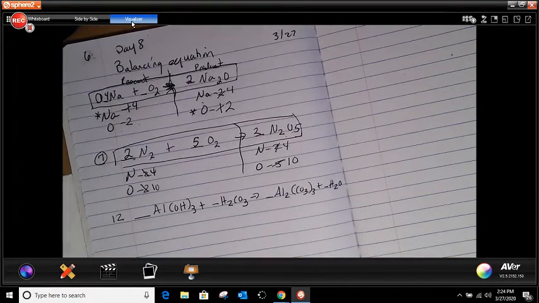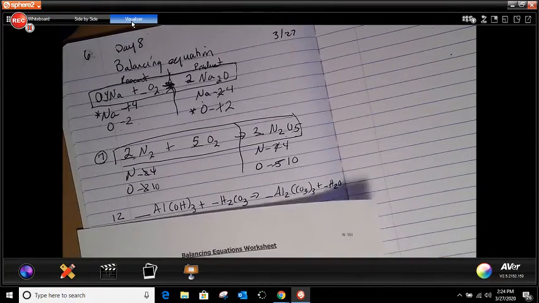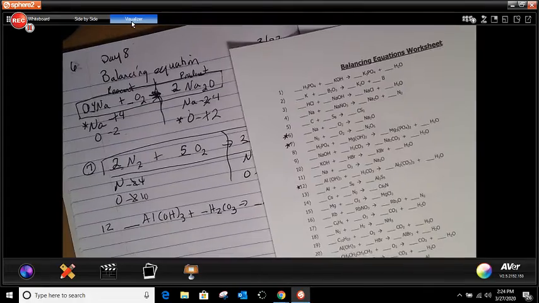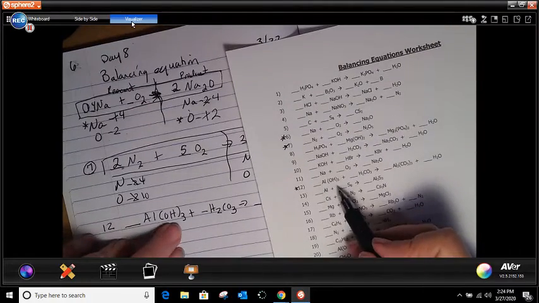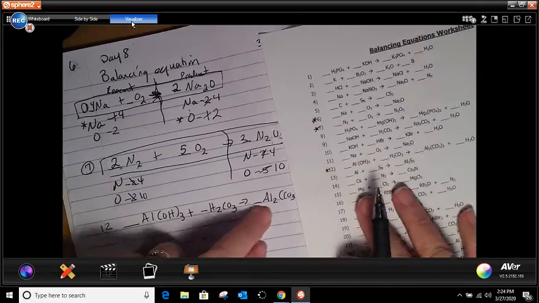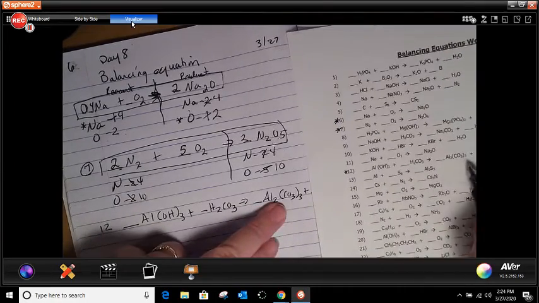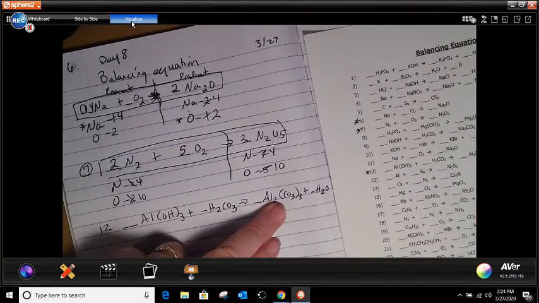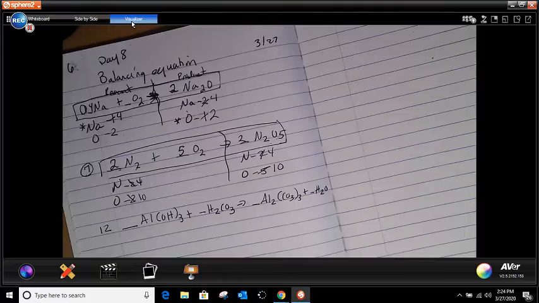Okay, so let me make sure I've got it right. Number 12 says Al(OH)3 plus H2CO3 yields Al2(CO3)3 and H2O. Okay, I've got my formula right.